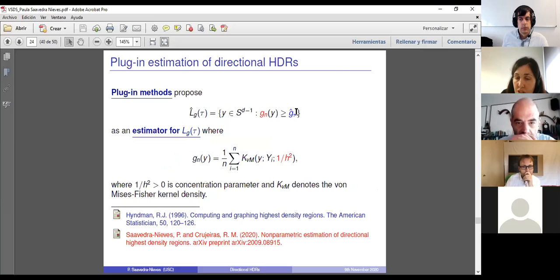This threshold can be computed again using the method proposed by Hyndman in 1996 and, as in the Euclidean space, no problem. Again, in this case appears the problem of selecting the bandwidth parameter, and as I told previously, this problem was not considered in this setting. So then I will show you a proposal for selecting this bandwidth in the directional setting.